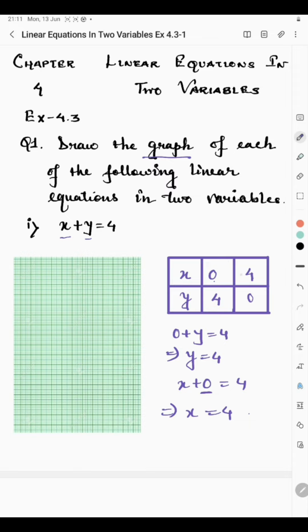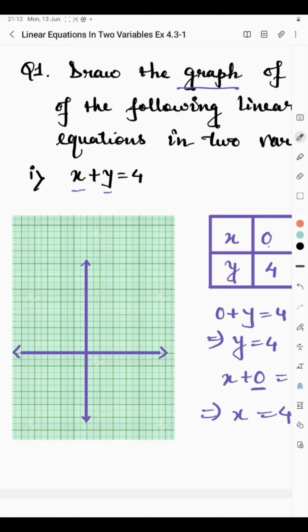Now we will have to put this on the graph. The horizontal axis is known as the x-axis and the vertical axis is known as the y-axis, and the two axes meet at 0, meaning the origin. So here is 0.